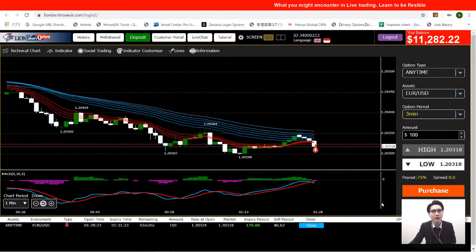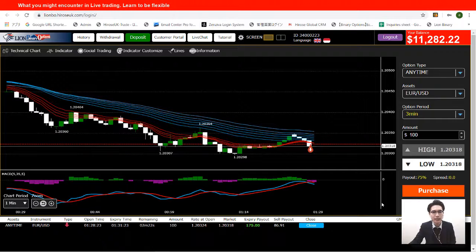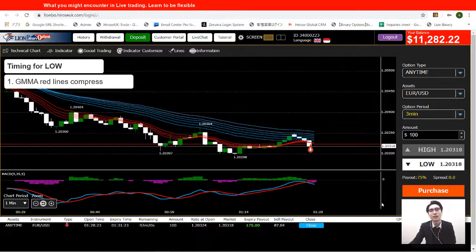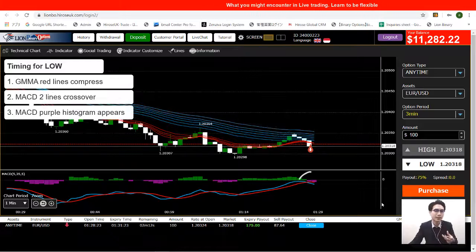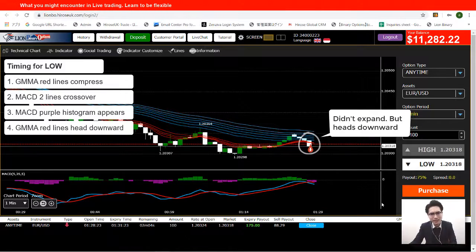How I placed this trade is that first I look at the GMMA, and I see that it starts to compress. Then I move on to the MACD, and I see the two lines cross over, and the purple histogram comes out, and I move back to the GMMA. Now you see here it's different from my previous explanation, in that the red lines are still compressing.